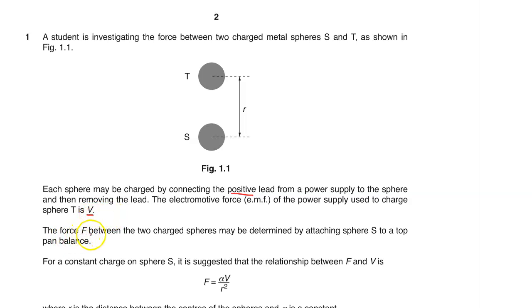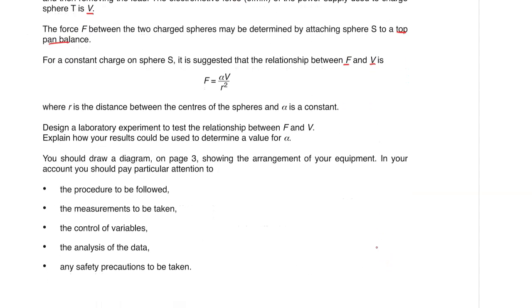The force F between the two charged spheres may be determined by attaching sphere S to a top pan balance, right? A top pan balance. For a constant charge on sphere S, it is suggested that the relationship between the force F and EMF V is given by this expression here, where R is the distance between the centers of the spheres and alpha is a constant.